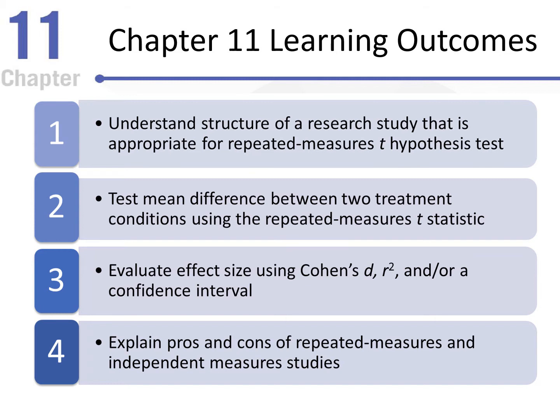To evaluate the effect size using Cohen's d, r squared, and or confidence intervals, which we've done before, and explaining the benefits and the shortcomings of using repeated measures and independent measure studies. So what's the benefit of using repeated measure design versus what are some of the drawbacks? And what's the benefits of using independent groups design, and what are some of the drawbacks?